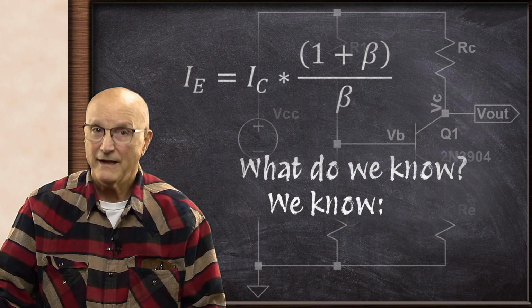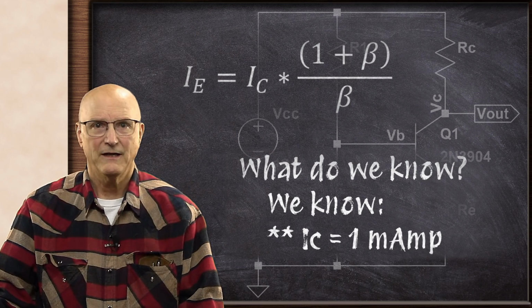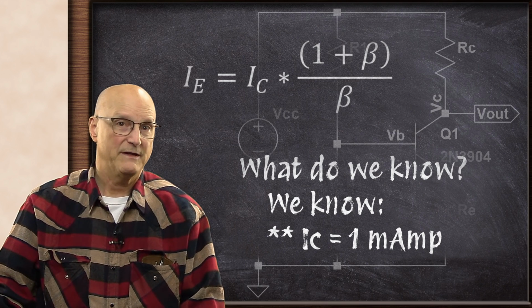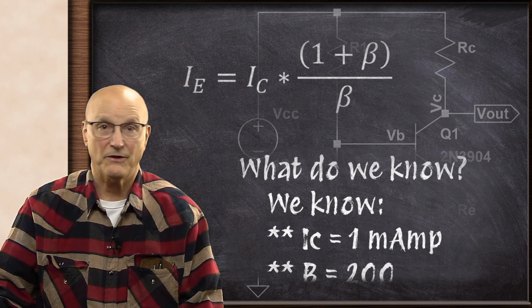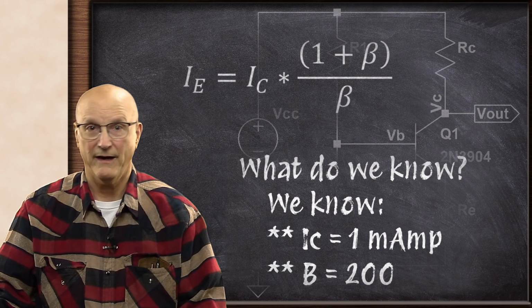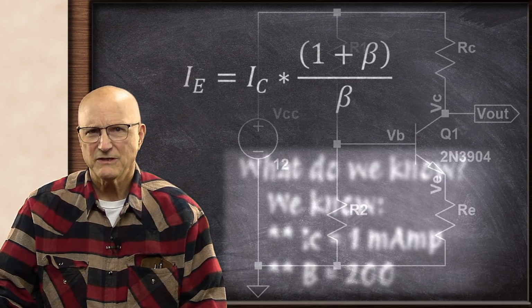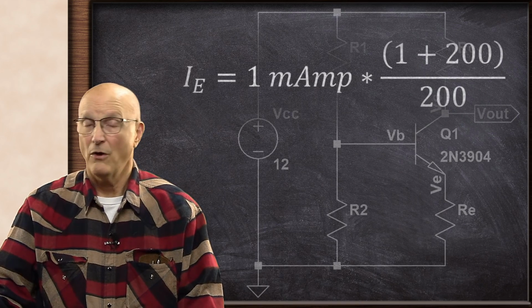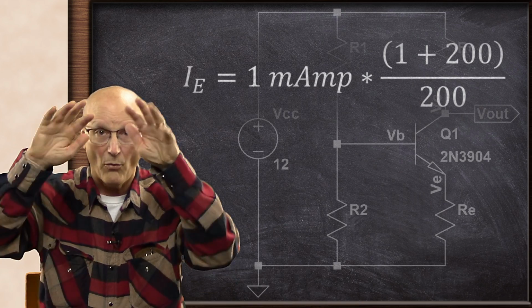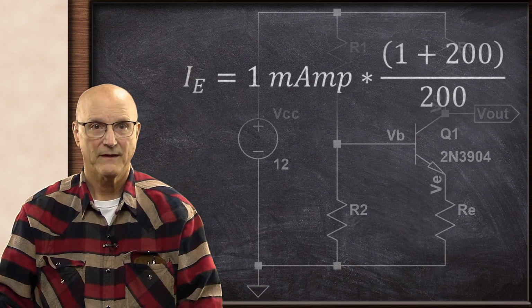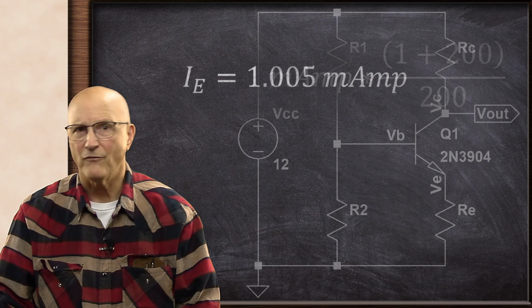We know that the collector current, IC, is 1 milliamp by our design constraints, and the DC current gain of the transistor, beta, is 200 by our design assumptions. Making these substitutions gives us an emitter current of 1 milliamp times 1 plus 200 divided by 200, which gives us an emitter current of 1.005 milliamps.